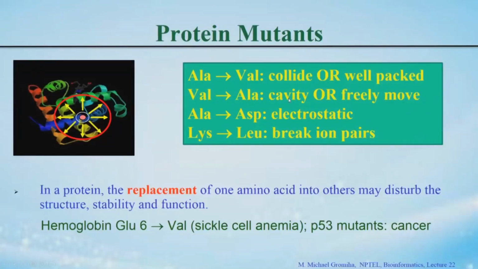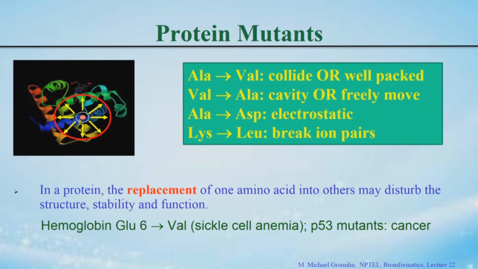Likewise, if we mutate valine to alanine, it can create a cavity by destabilizing the protein, or the residue can move freely. If you mutate alanine to aspartic acid, it either makes electrostatic interactions or may destabilize. Likewise, lysine to leucine. So, if you mutate a specific residue in a protein, it may alter the structure or stability as well as the function.